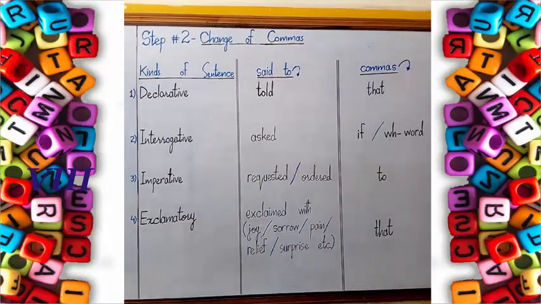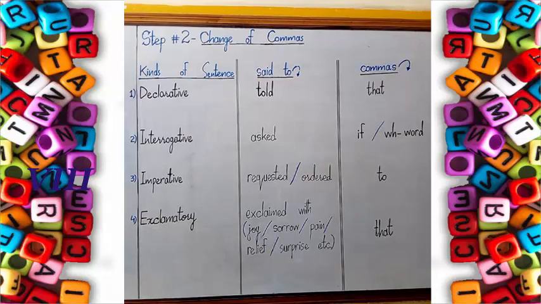This is the figure before you. You people can pause the video here and draw the same figure in your register or in your rough copies, so it will help you when you are making changes in direct sentences and converting them into indirect sentences. So for these two changes, you can look at it and get to know what change to make in which case. If there is a declarative sentence, you change said to into told and commas into that.